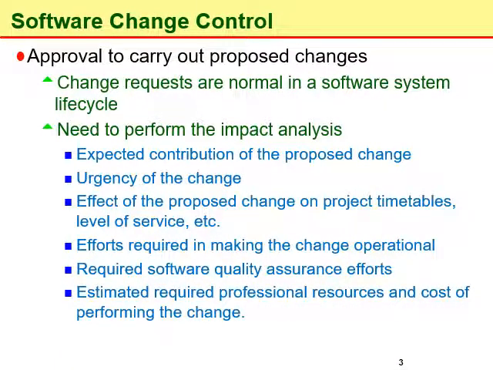So here we discuss the first element of the change control process, that is the approval to carry out the proposed changes. Once the software system becomes operational, it is likely that the requests or proposals for changes begin to flow. The change requests might be related to one or several software configuration items.